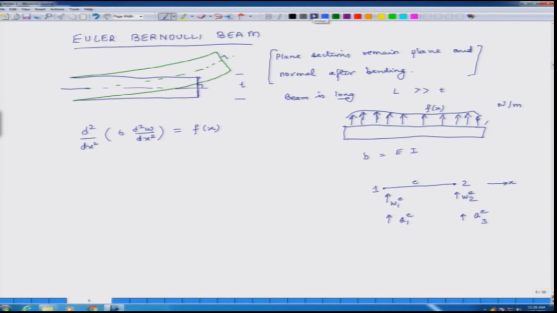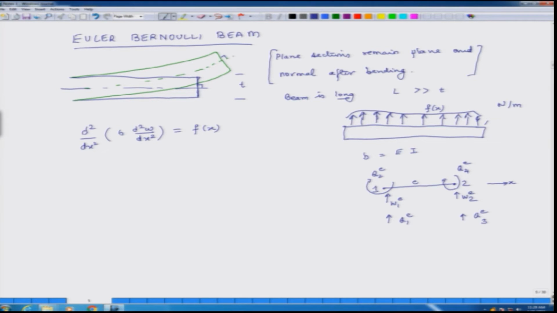So, you will wonder where did Q2 go. Q2 is the bending moment, and Q4 is the moment at node 2.